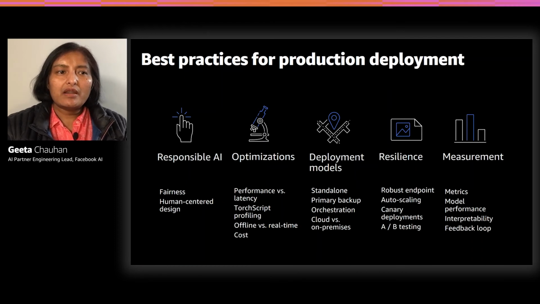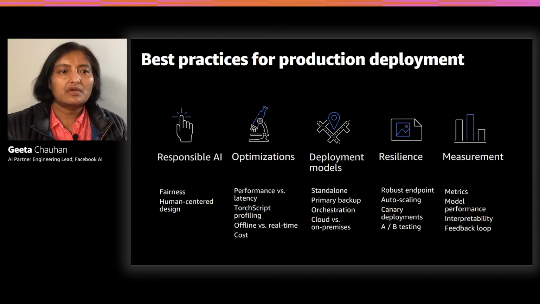For the deployment architecture itself, based on whether you will be deploying on the cloud or on-prem, you have to look at whether you'll be using orchestration solutions, and whether you will be deploying it in a primary versus backup scenario or a standalone mode. To get robust solutions which are highly resilient, you need to have a robust endpoint.